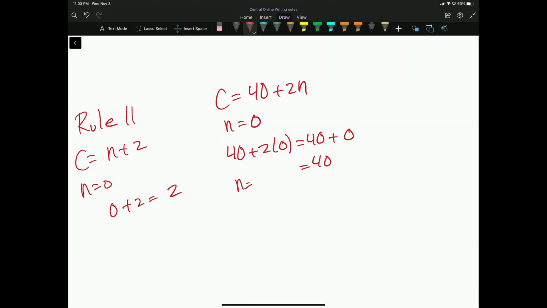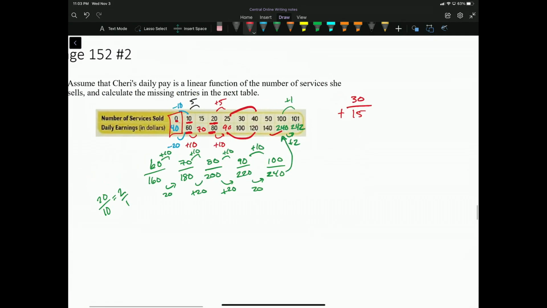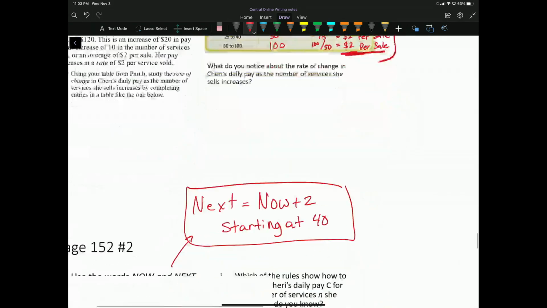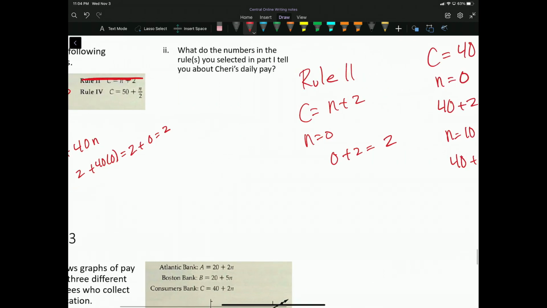So when n is equal to 10, we can have 40 plus 2 times 10. So it'll be 40 plus 20, or 60, right? Let's take a look. Yep, that works. Okay, all right, so we checked a couple points. This is going to be one of the ones that works. I'm going to circle that. It works. Let's check the other ones. So rule 4.